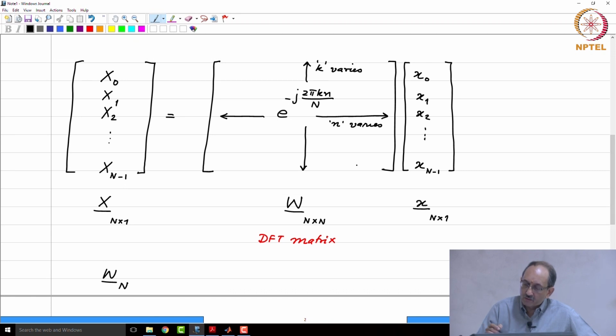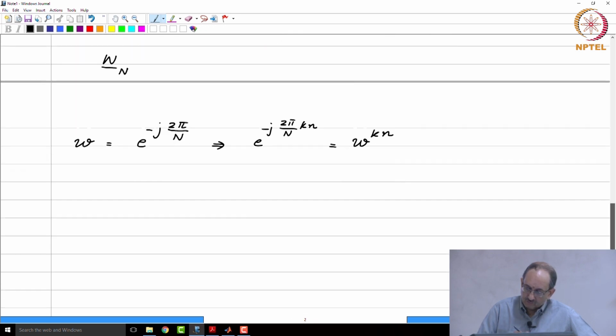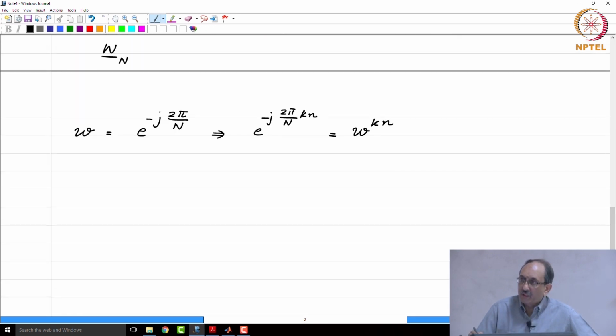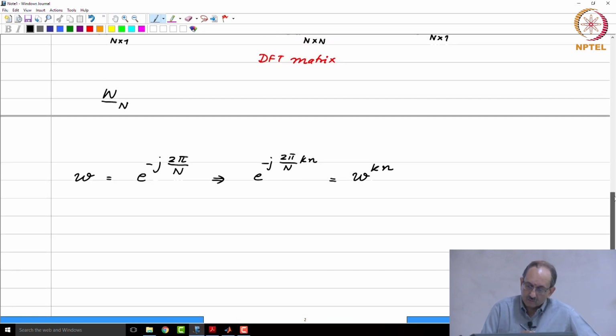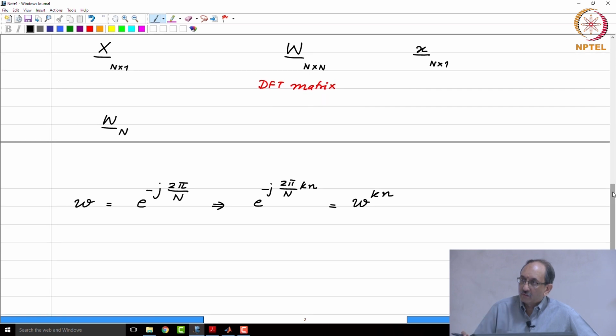So, this is a very compact notation, and one inference that can be made from this is that, remember, this is an N by N matrix and all the columns are independent. They are independent because we have already seen that e to the j omega 1 n and e to the j omega 2 n are independent whenever omega 1 is not equal to omega 2.